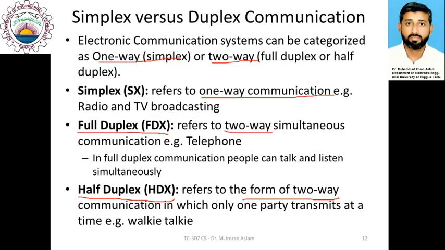So it's the same system used for two-way communication, but only one party can talk at a time. So these are the major classifications of communication systems. Of course, most of the communication systems that we'll be discussing in this lecture are full duplex communication, because all others are actually subcategories of full duplex communication systems.